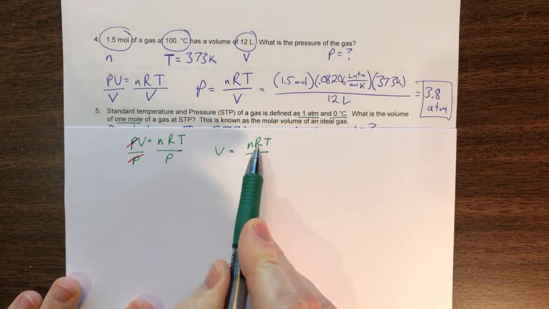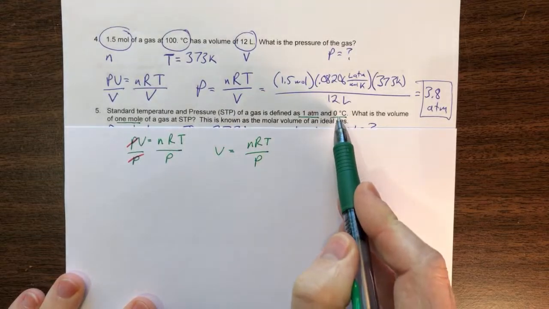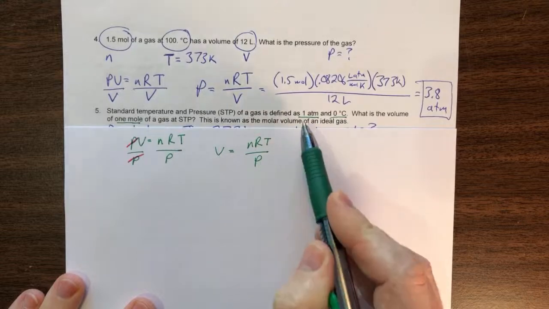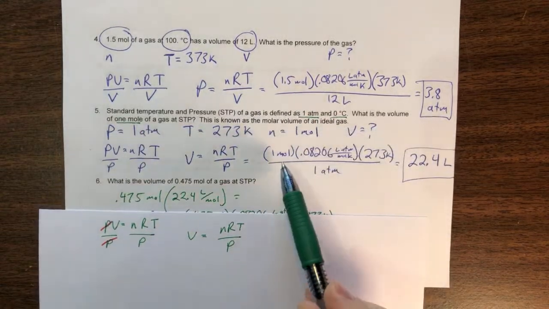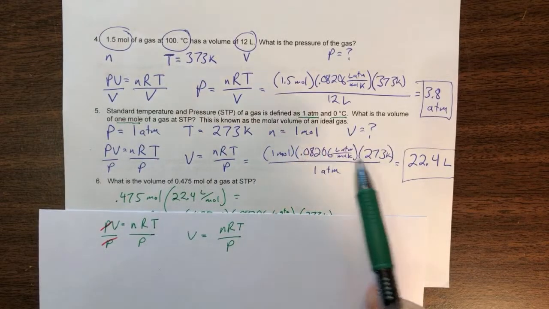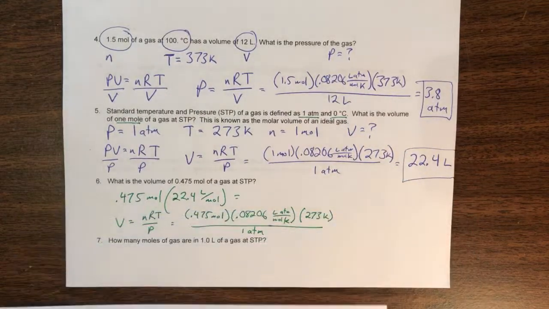R is the same as always, 0.08206. T is 0 degrees Celsius plus 273, so T is 273. P is 1. So we plug in all those numbers right here: 1 mole, 0.08206, 273 over 1, and we get 22.4.